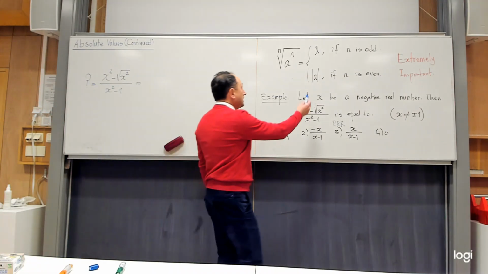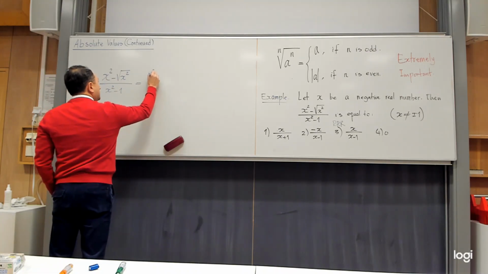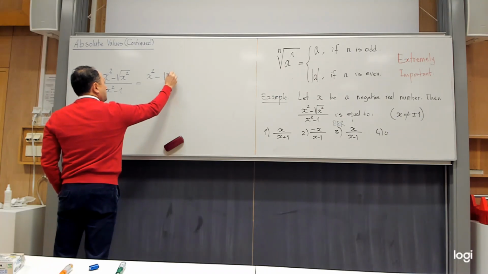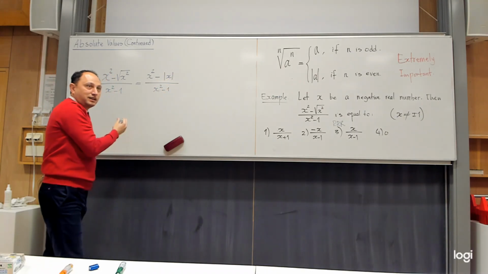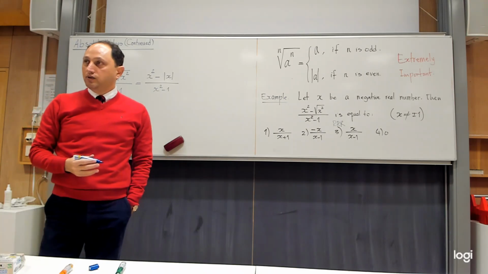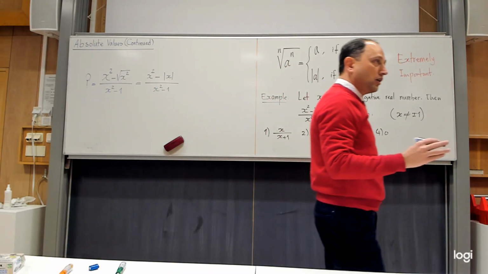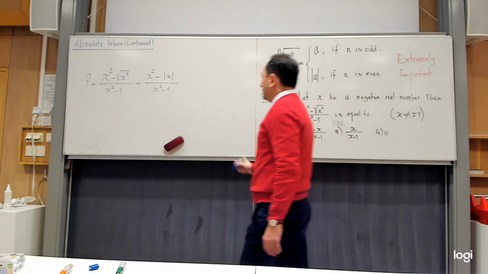Here n is even, so what I write in front of it is not x, it is the absolute value of x. From now on, forever, the square root of x squared is no longer x, it is the absolute value of x. It becomes x only if x is positive. Be careful about that.